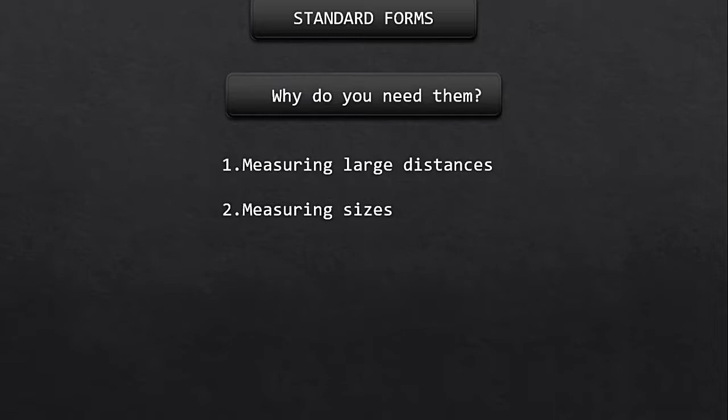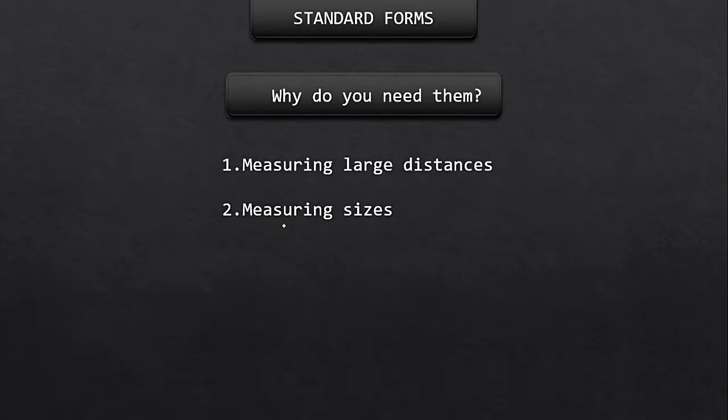From here to the moon is very far, from here to the star is far beyond our imagination, because we are measuring that distance in light years. So when we begin to measure those distances, we cannot use normal numbers and say it's so many million. It becomes tiring. So this time around we begin to use power forms. So that's why we need standard forms.